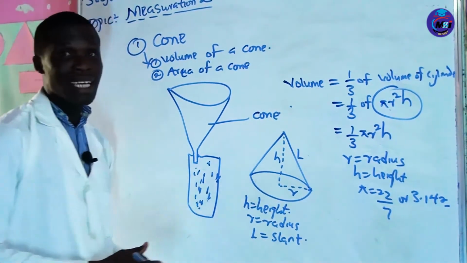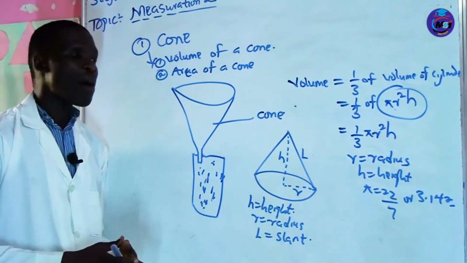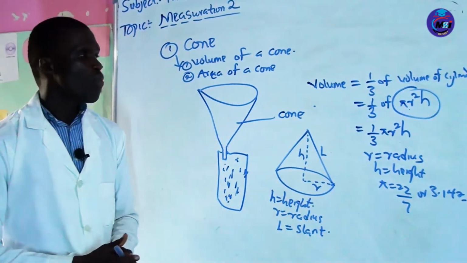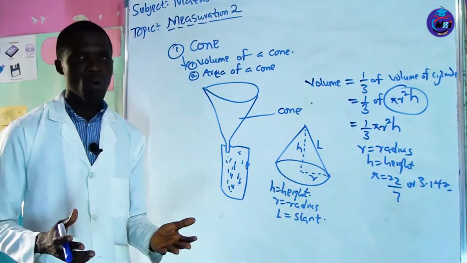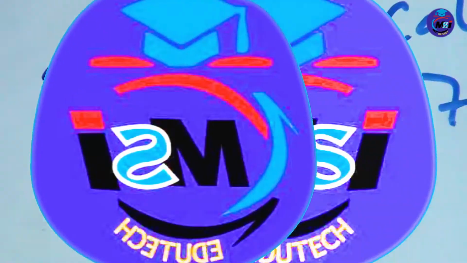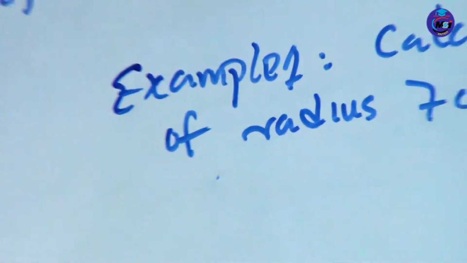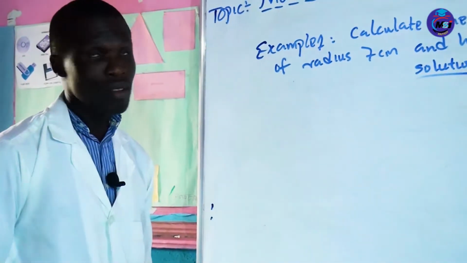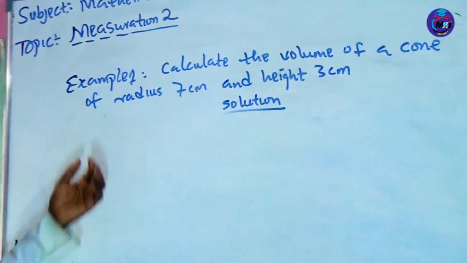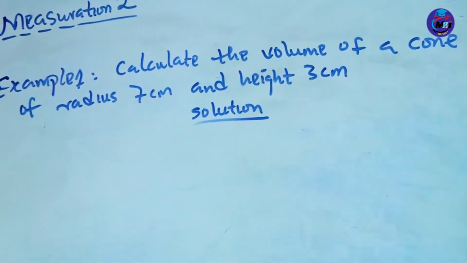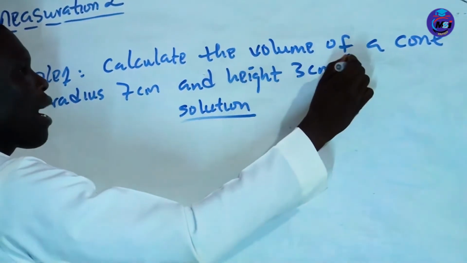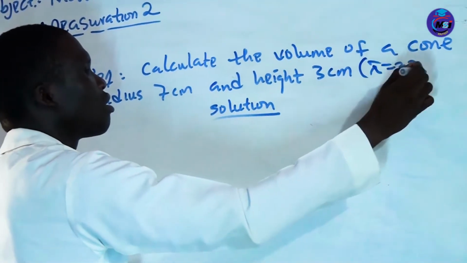So now let's look at an example where we can apply this formula in finding the volume of a cone. Okay, class, let's take a look at this example. Calculate the volume of a cone of radius 7 centimeter and height 3 centimeter. So our pi will be 22 over 7.